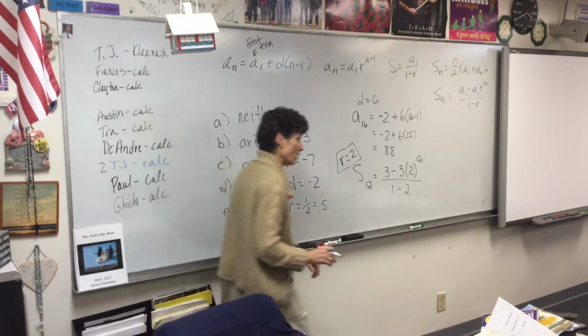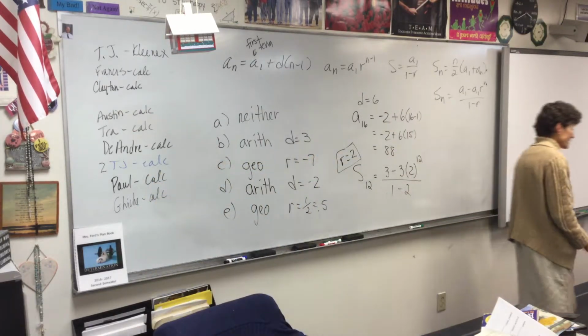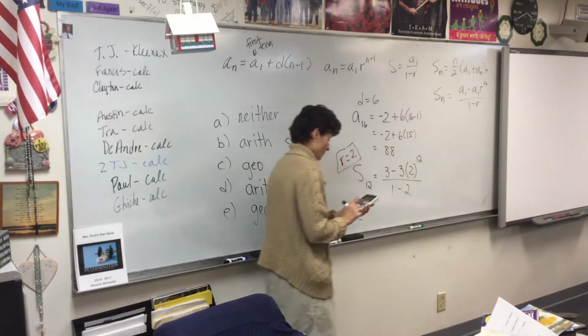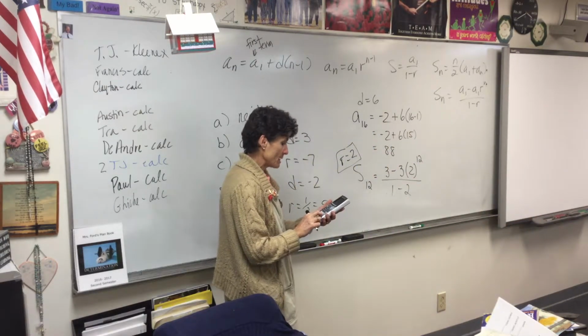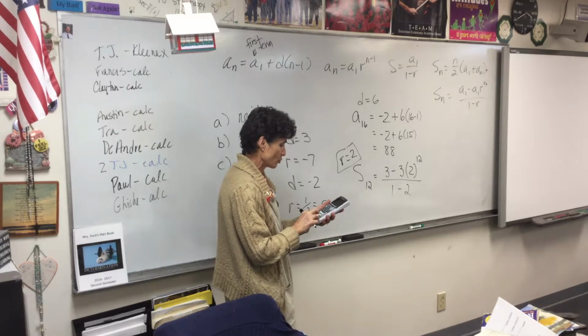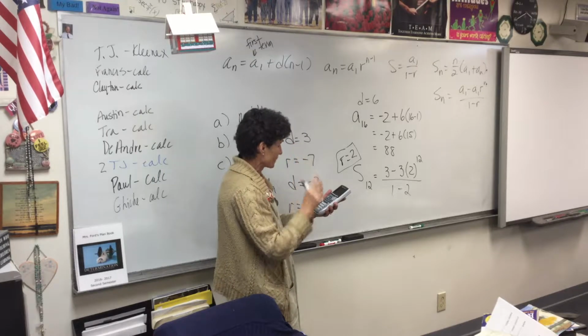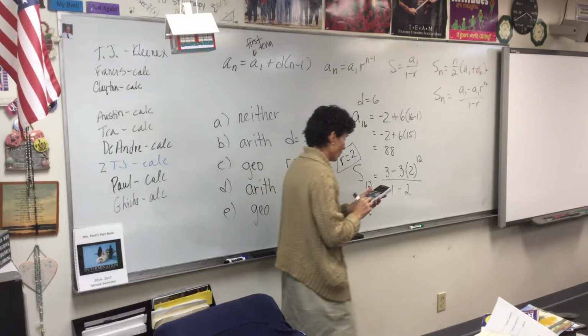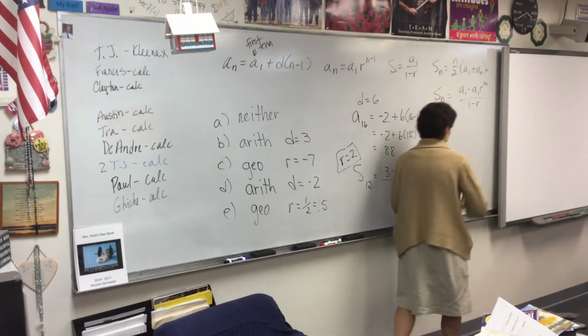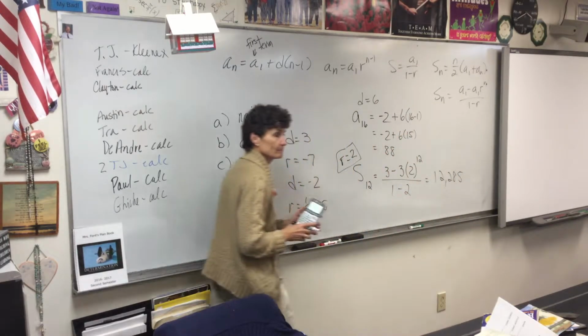Those of you with calculators, let's type this in: 3 minus 3 times 2 raised to the 12 equals, divided by negative 1. You should have gotten 12,285 as your answer.